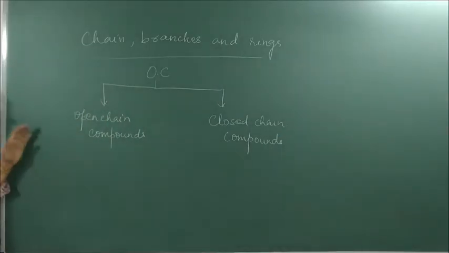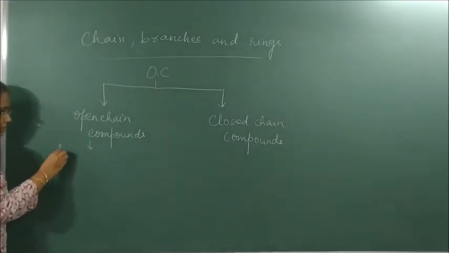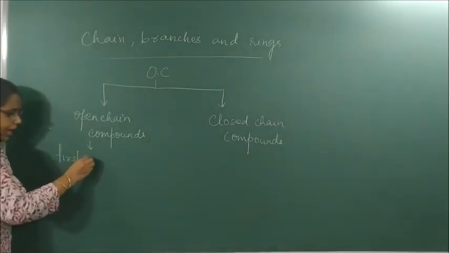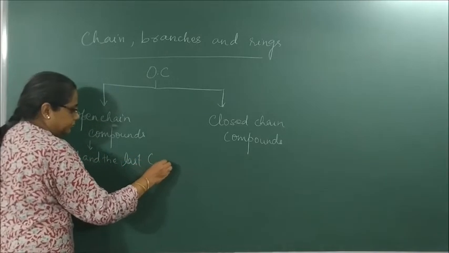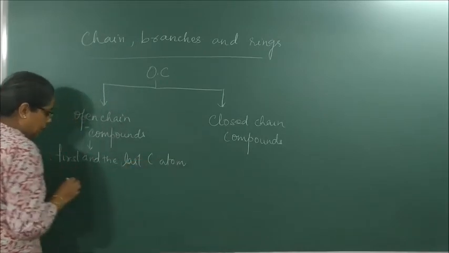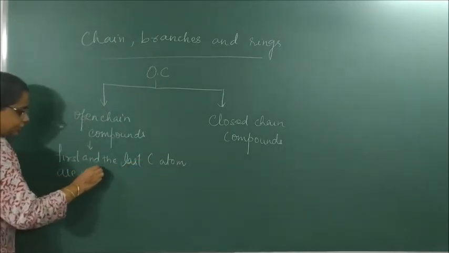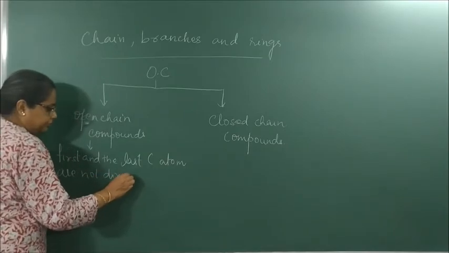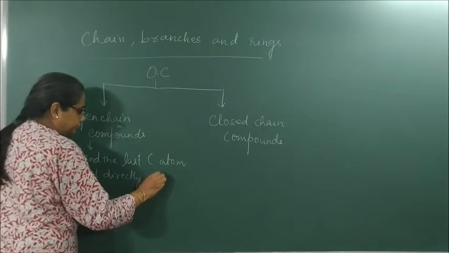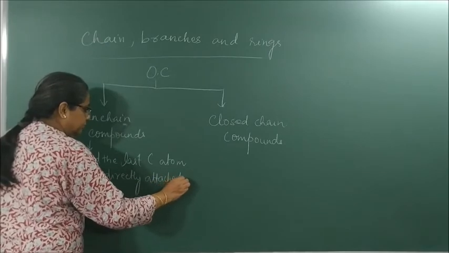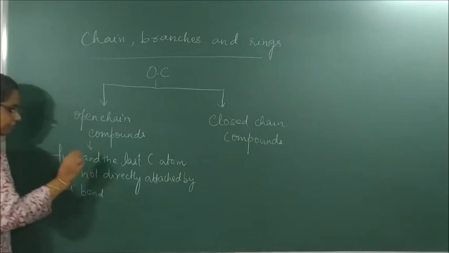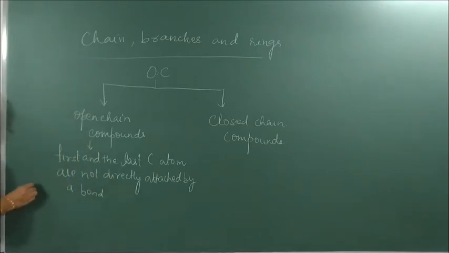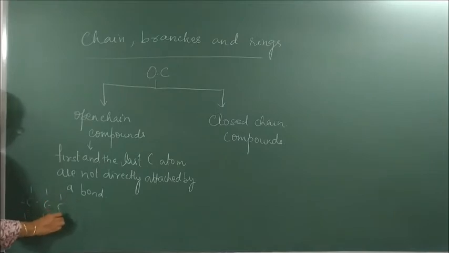First understand, then write last. Open chain compounds are compounds where the first and the last carbon atom are not directly attached by a bond. How have we been writing? 1, 2, 3.